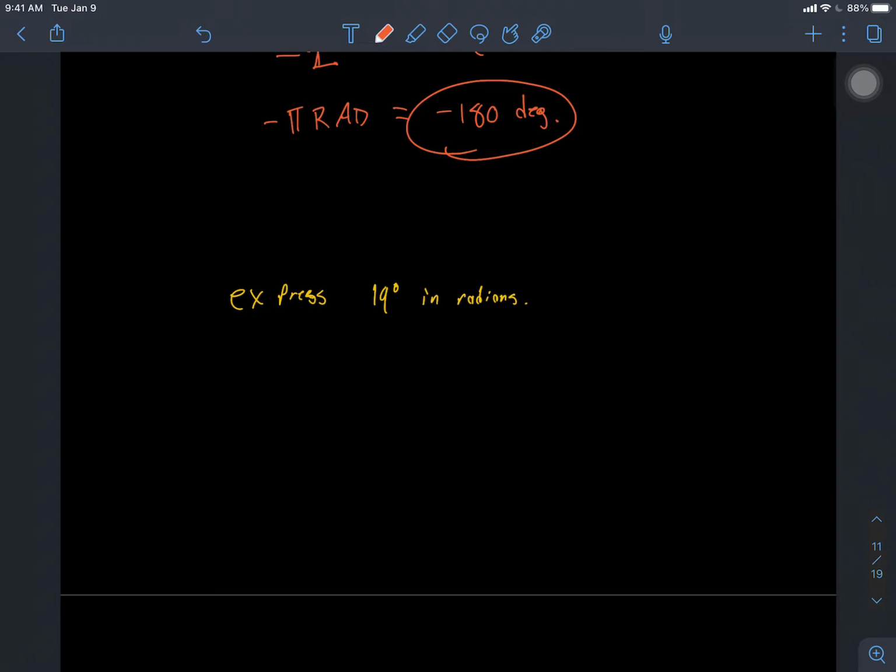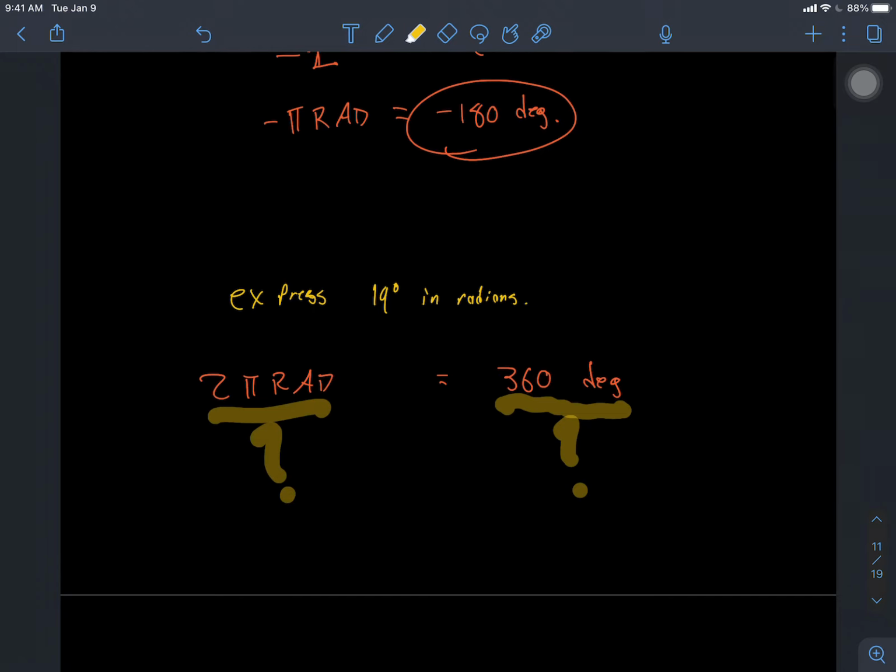So if I start with my equation here, 2 pi rad is equal to 360 degrees, then here's the issue with one like this: the 19 is kind of an annoying number, because it's not immediately apparent what I should divide both sides by in order to get 19 degrees on the right-hand side. So I'm going to do the following. I'm going to solve this. I want to multiply both sides by some number x.